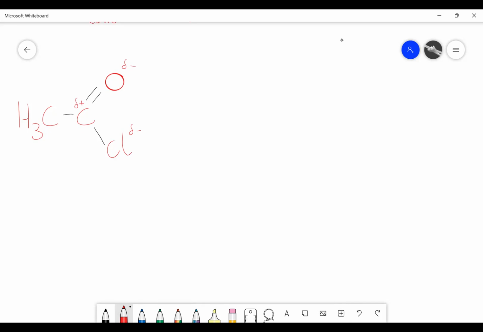It's going to be between ethanoyl chloride and methanol. So I've drawn out our ethanoyl chloride, and now I'm going to draw out methanol. So here is our methanol. And remember, whenever you're drawing out nucleophilic addition eliminations and you draw nucleophiles, you need to make sure you have those lone pairs marked out.